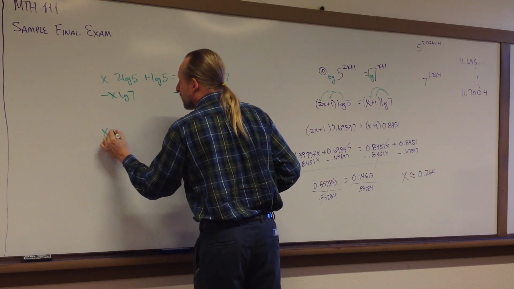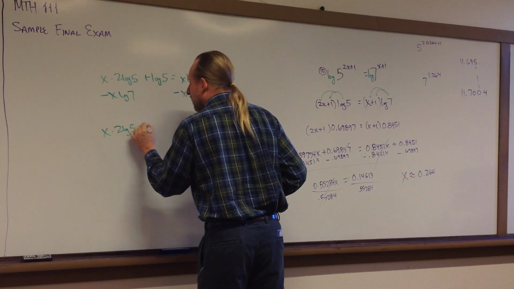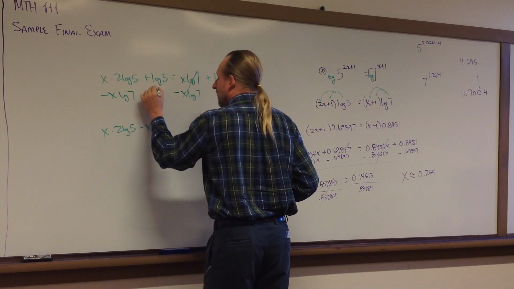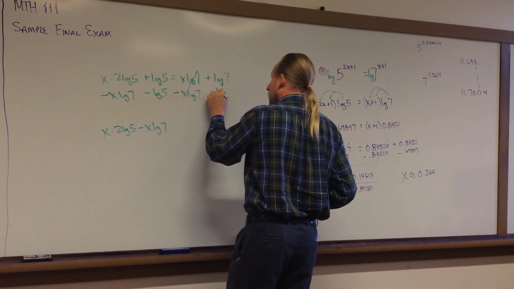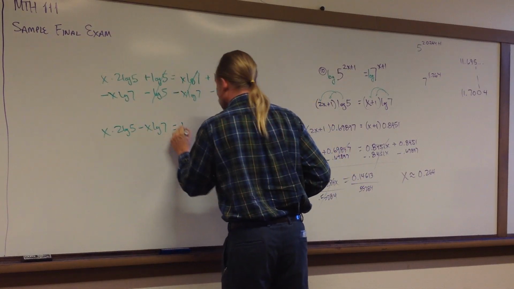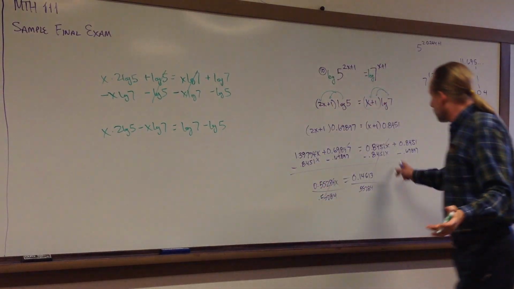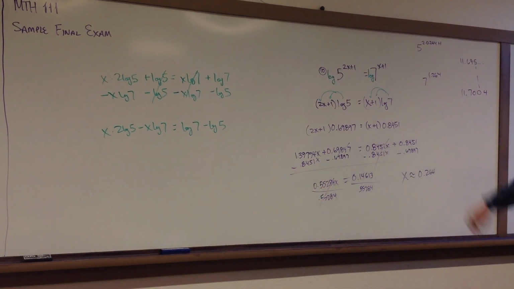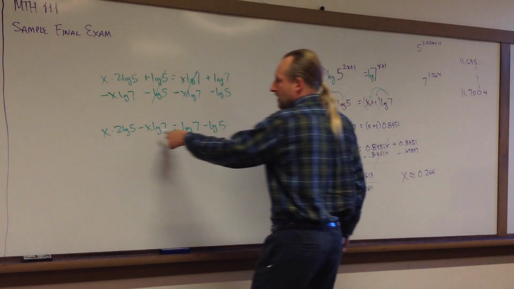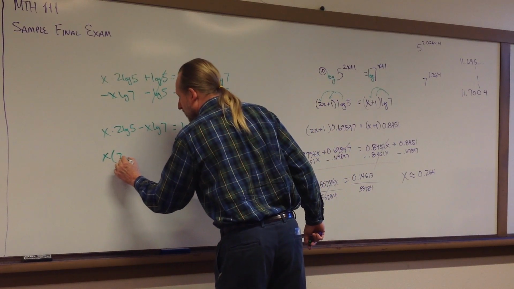And then over here we'll get x times 2 log 5 minus x log 7, and then subtract the log 5 on both sides. And over on this side, we get log 7 minus log 5, which is this number right here, 0.14613. And then here, we've got to factor out the x.